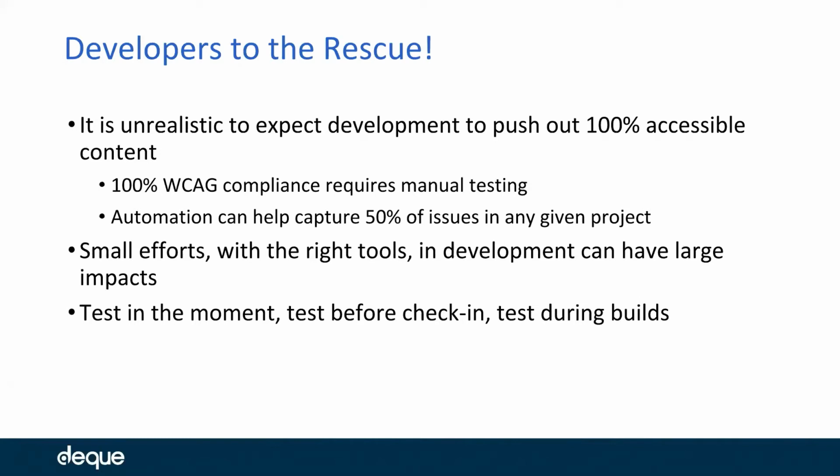So it's not to say that we are expecting developers to find and fix all accessibility issues in any given product, but through automation and proper practices, up to 50% or more of the accessibility bugs in any given project can be identified through automation.